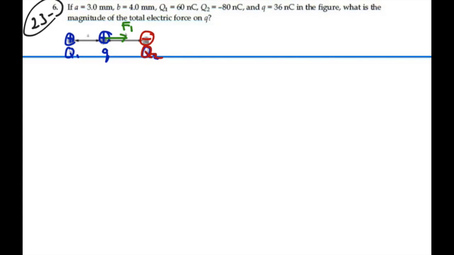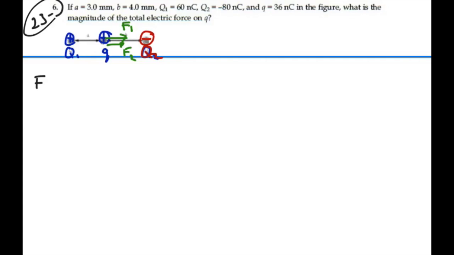And then between the positive little q and the negative Q2 there's going to be an attractive force, and that will also go to the right. Let's call it F2. So these two forces are going to add together, and they're going to be in the positive x direction. Let's find the magnitude of these two forces and then add them together.